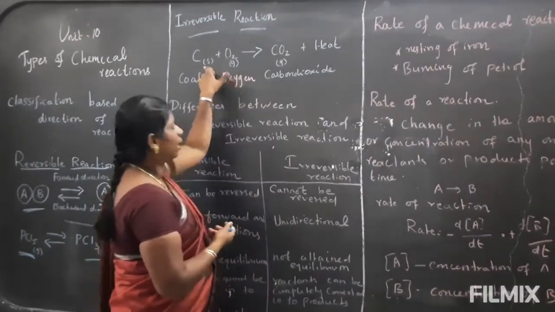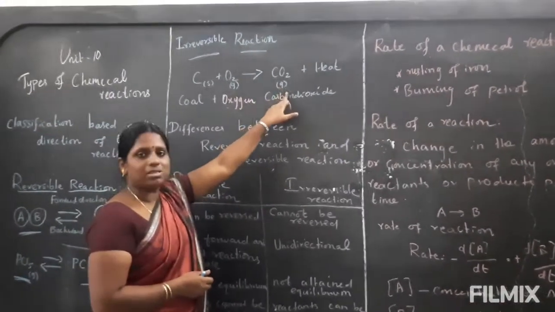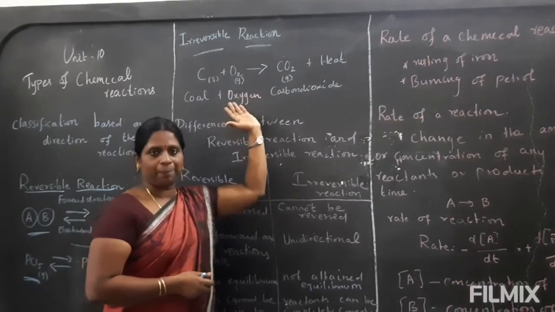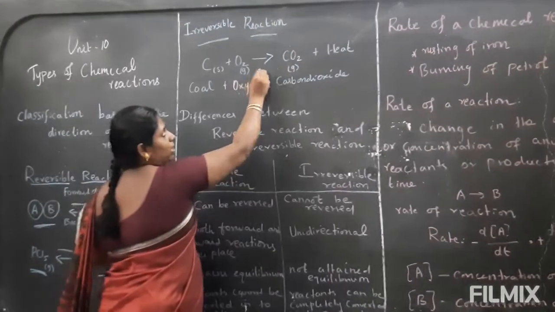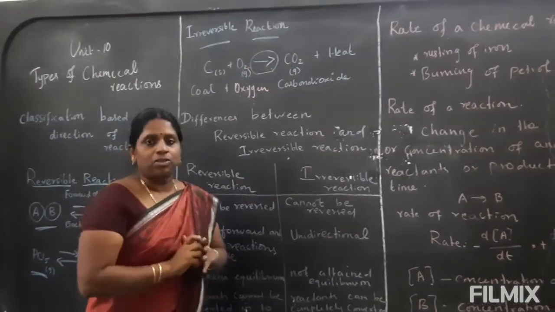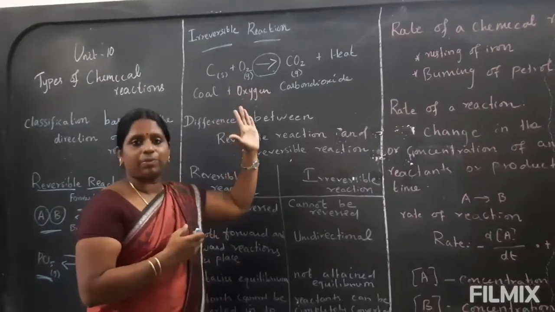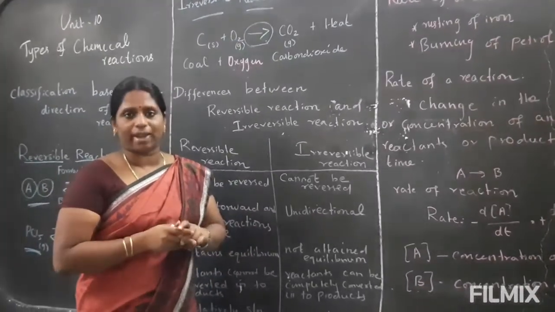So coal and oxygen combine to form carbon dioxide plus heat. It never comes back to the reverse position. That is irreversible, one direction only. It won't return back. So that is the irreversible reaction. Most chemical reactions are irreversible reactions.